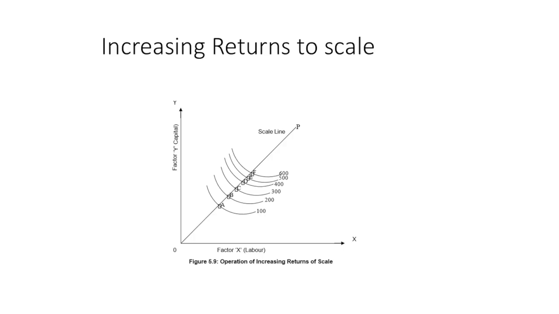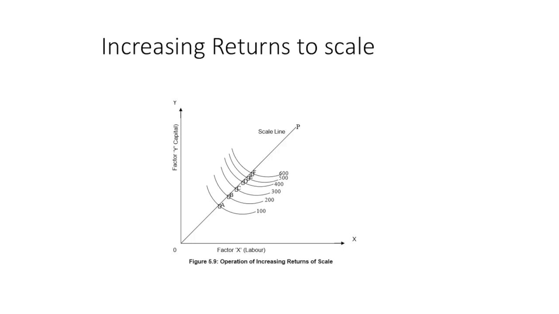Now from this figure we can see these are the isoquant curves with the levels of output, that is 100, 200, 300, 400, 500 and 600. You can see factor X is labor and factor Y is capital.